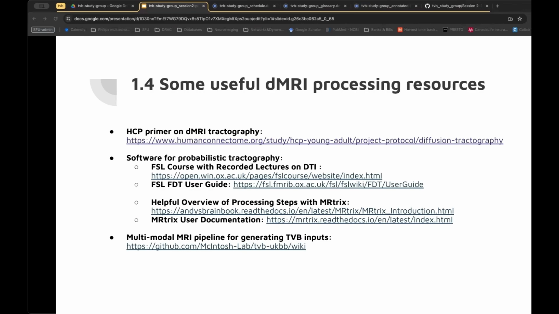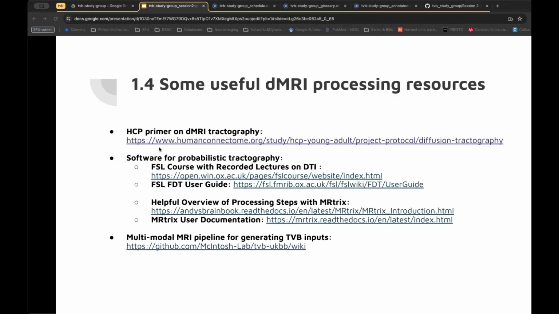I'll leave here, and we've copied these, I think, into the Google Docs, some useful resources if you are looking to process your own diffusion MRI for TVB. There's a very simple primer on it on the Human Connectome Project's website that's really good. It's actually written in fairly lay language.